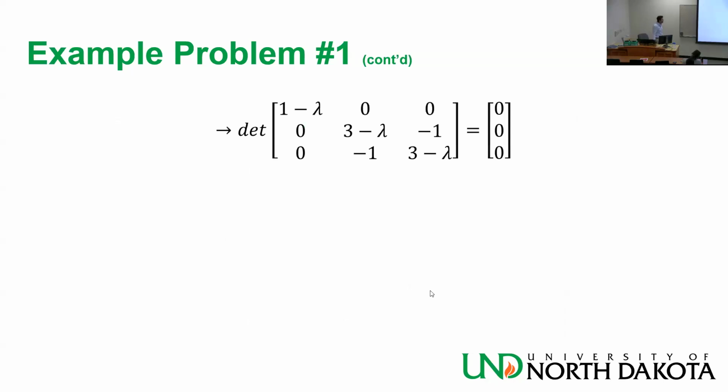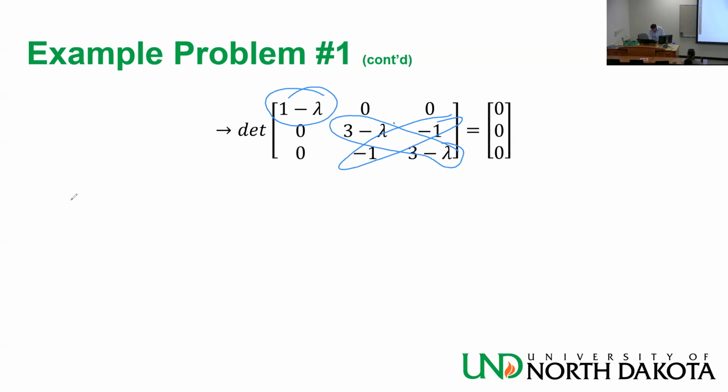And now I need to do the determinant. To do the determinant for a 3 by 3, we do plus, minus, plus. So you take this, and then you multiply by these two, minus these two multiplied together.